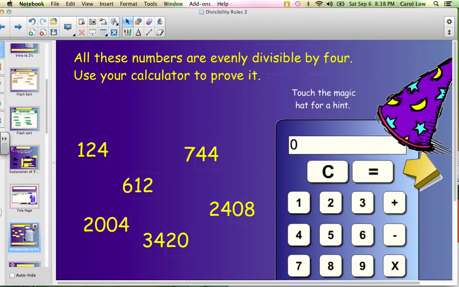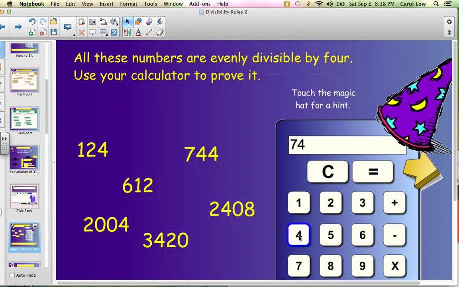Tonight we're going to start with the number 4. So all these numbers are evenly divisible by 4, and if you want, you can use your calculator to prove it. Let's just look at one real quick.